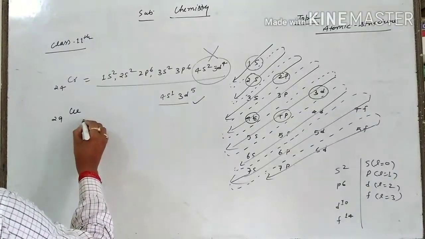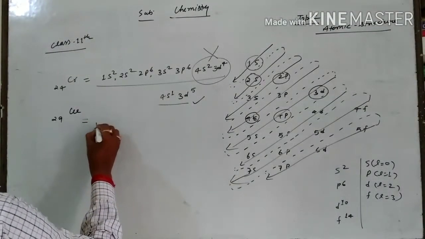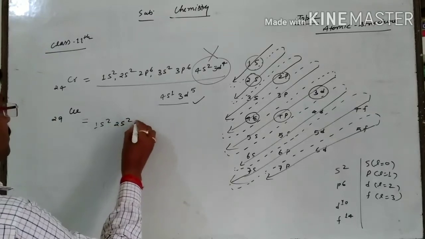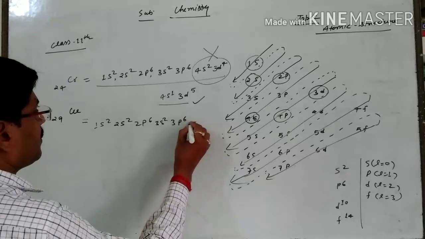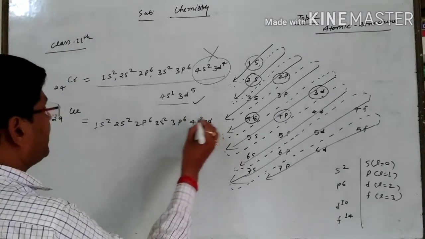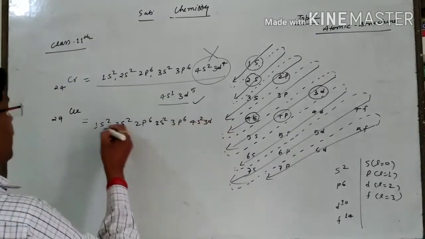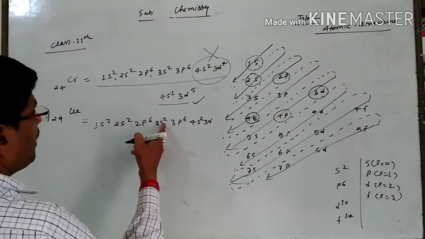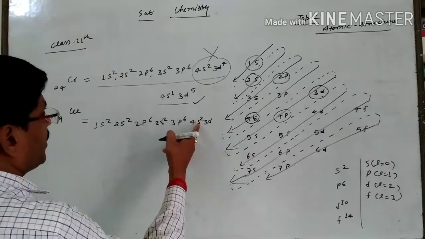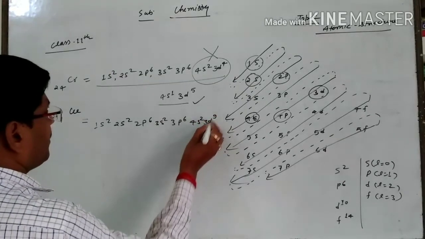Like in copper also: 1s2, 2s2, 2p6, 3s2, 3p6, 4s2 and 3d. Count 2, 2, 4, 6, 10, 12, 6, 18, 20, 9 remain, so 9 electrons will be here.